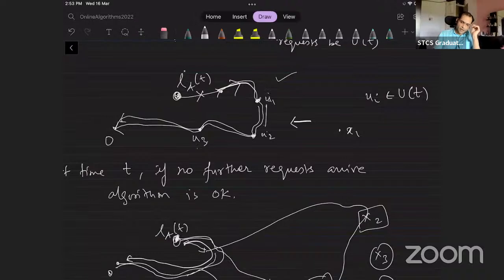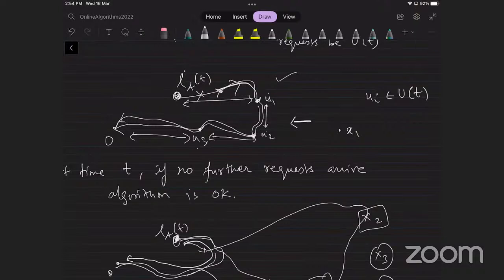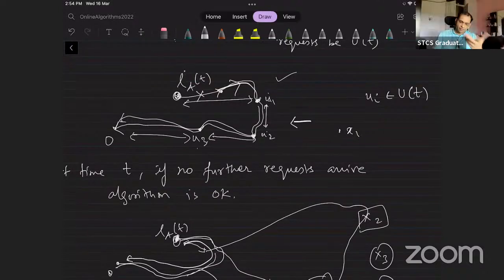So are you saying add this distance plus this distance plus this distance? So this is the total path length on the path I am currently on. Now if I include x1, it might completely change.